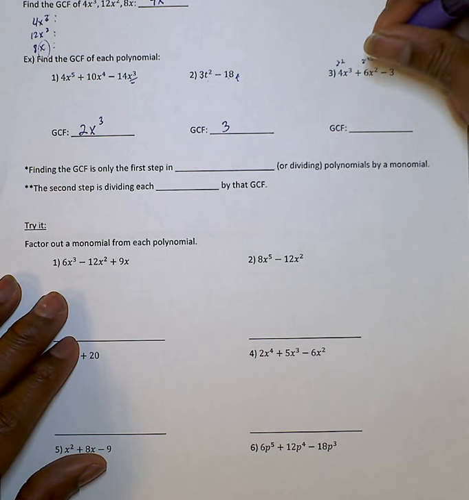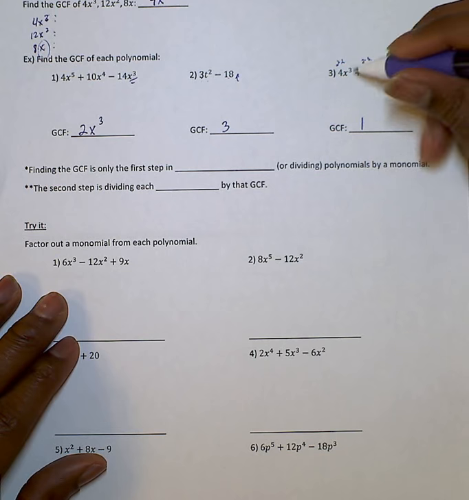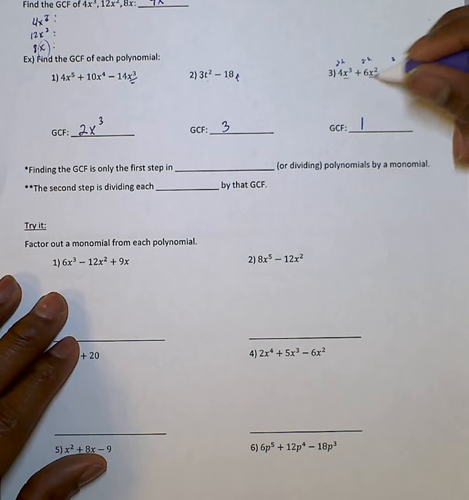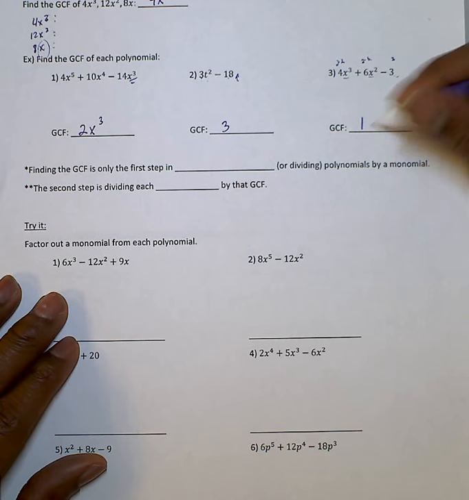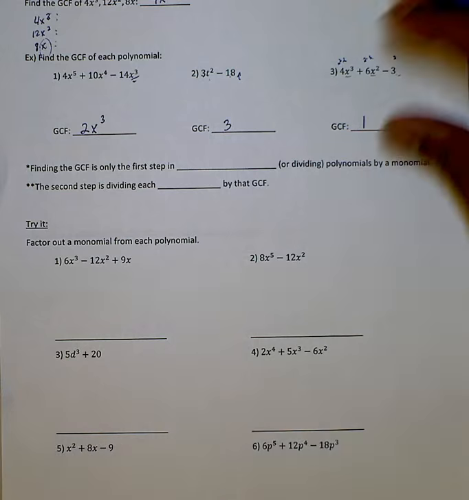This is 3. So you notice, hopefully, that these two have 2's and these two have 3's, but there's nothing that's shared by all 3. So our GCF as far as numbers go is 1. It's the biggest number that goes into everything. Then when we look at our variables, this has x cubed, this is x squared, this doesn't have anything. So there's no variable in our GCF. Our GCF between all these terms is just 1. And that's possible.